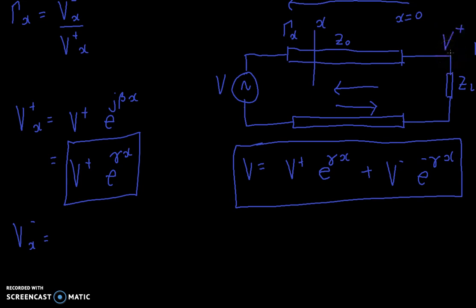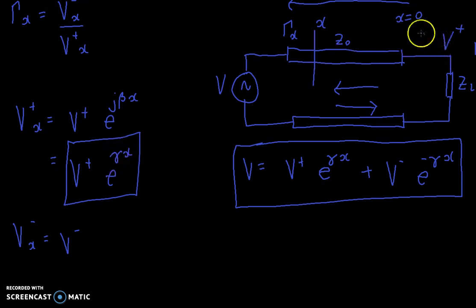So when this voltage hits this point, it becomes V minus. And then what happens? As the voltage travels from right to left here, it will be multiplied by gamma, which means it will be decreased in amplitude and also shifted in phase, because gamma is a complex number. Remember, we are not assuming at the moment that the line is lossless. If the line was lossless, there would be no decrease in amplitude, just a change in phase. But gamma here is a complex number.